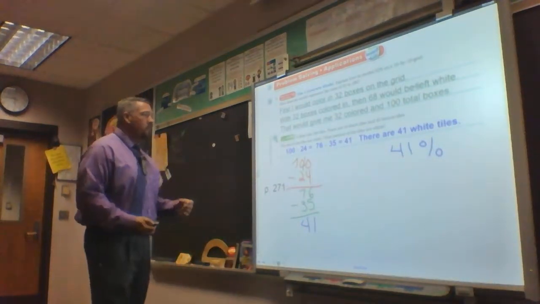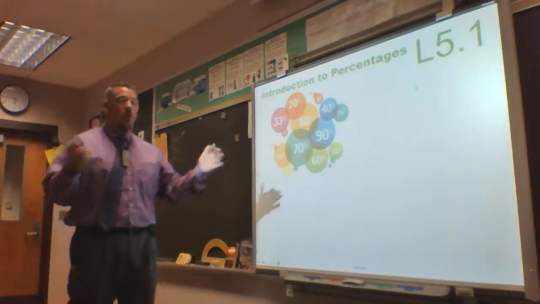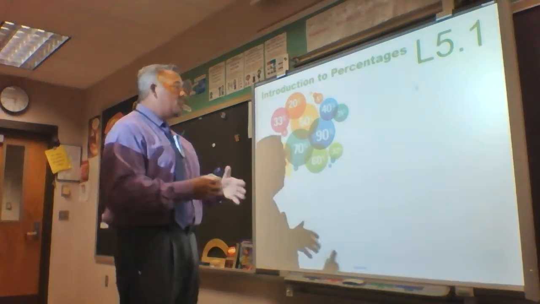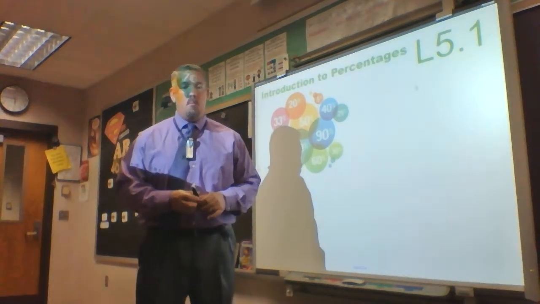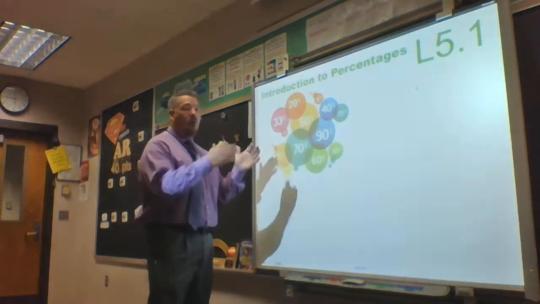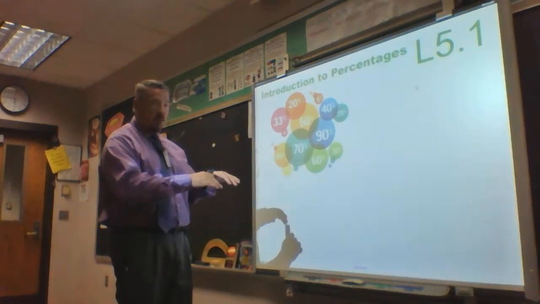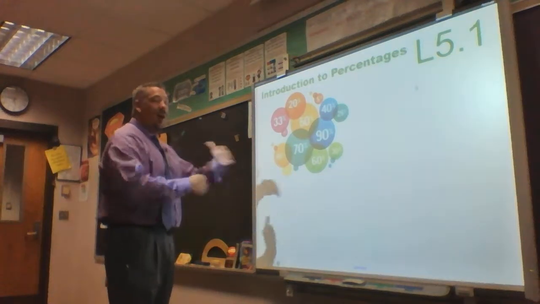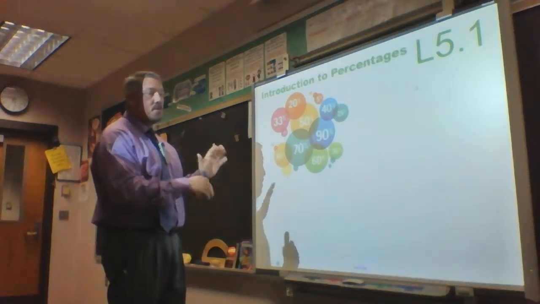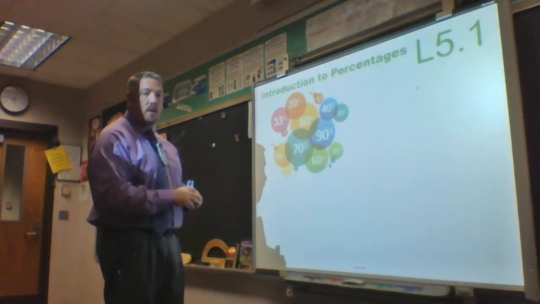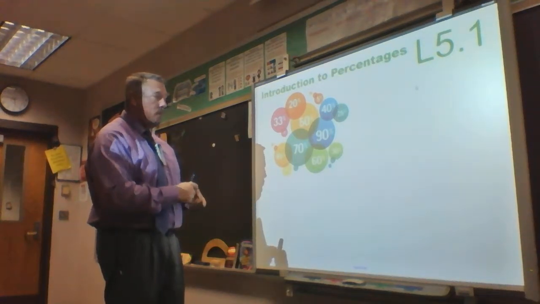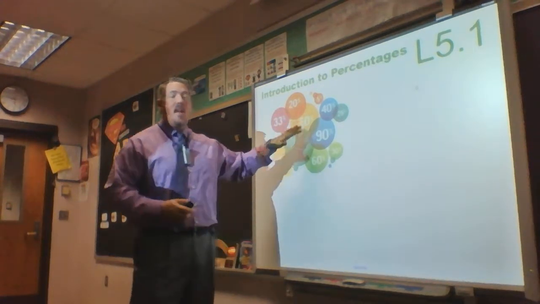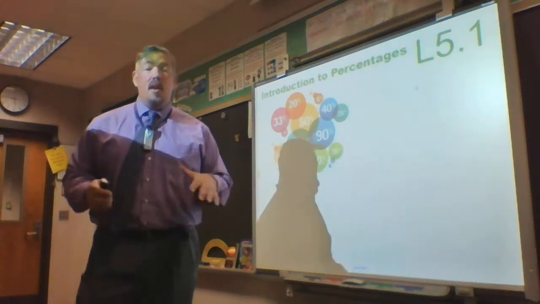So as we go through this lesson and getting into all of chapter 5.1, it's so important that we understand what we're talking about. We're talking about something out of 100 pieces. It could be a group of 100, or it could be something that's been divided into 100 pieces, like the grid that they give us that's 10 by 10. But understand also that I can't use those percents in a math problem.